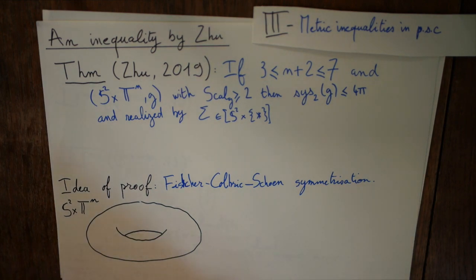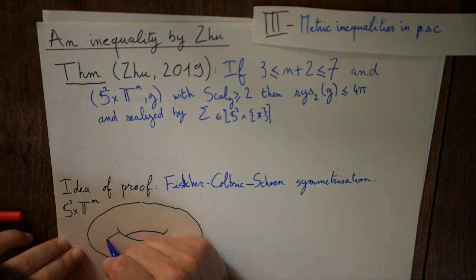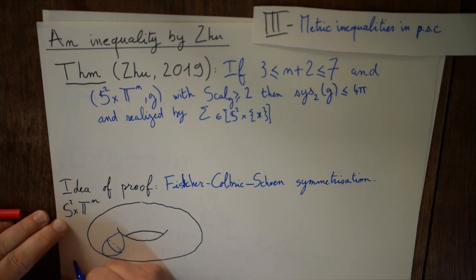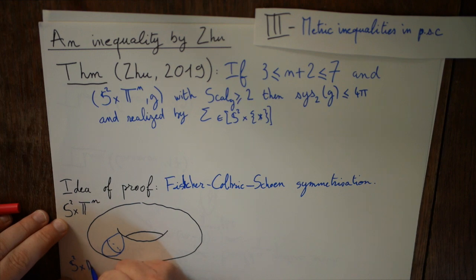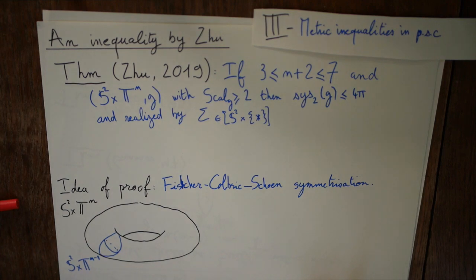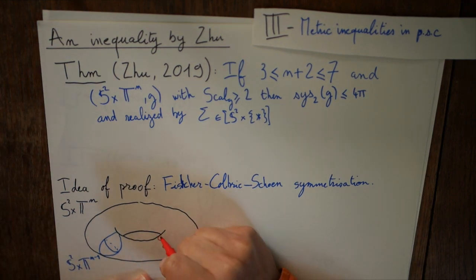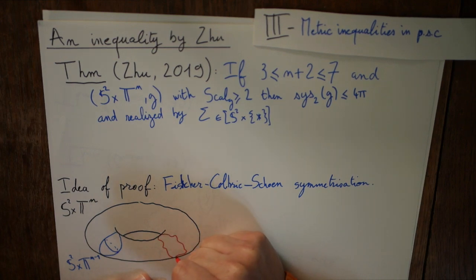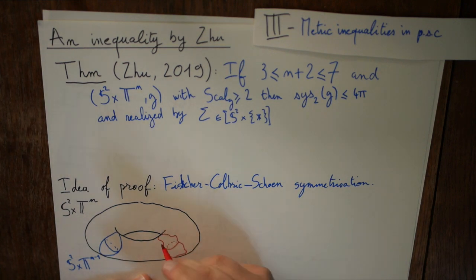So the thing is the following. So consider here some hypersurface. So this one. And let's assume that, so here in black we have S2 times Tn, and we assume that it is S2 times Tn minus 1 here, this blue surface. And then inside its homology class, we can find a new surface, maybe a little bumpy, but thanks to the dimension restriction, it will be smooth, which I will call sigma.